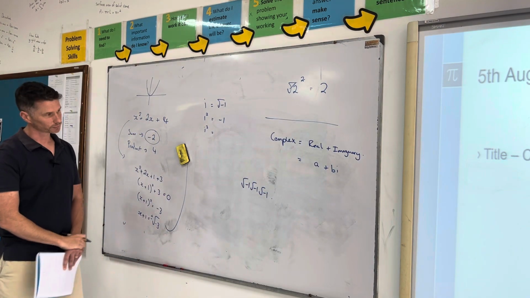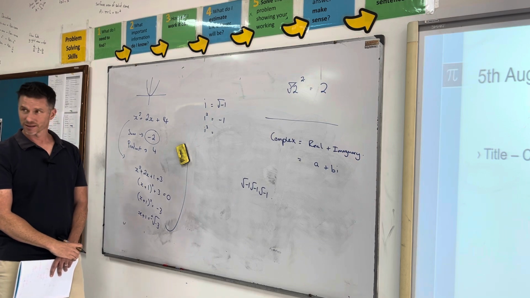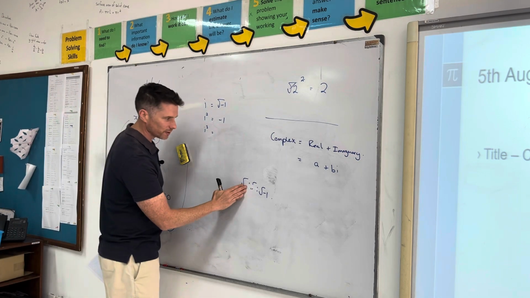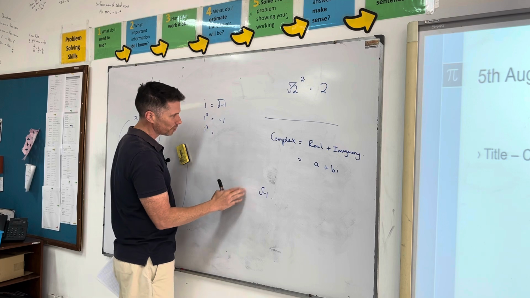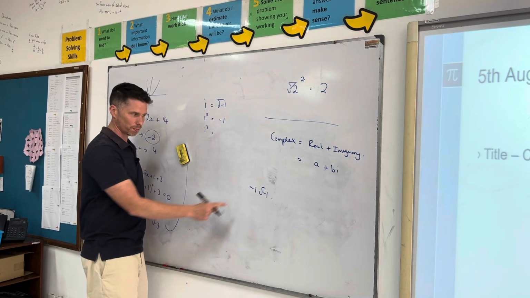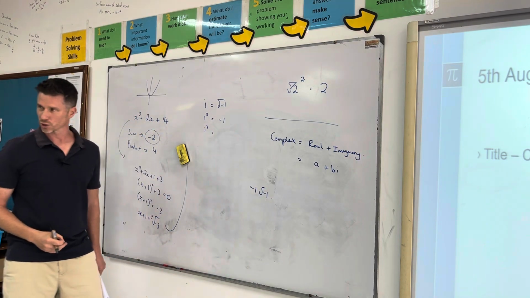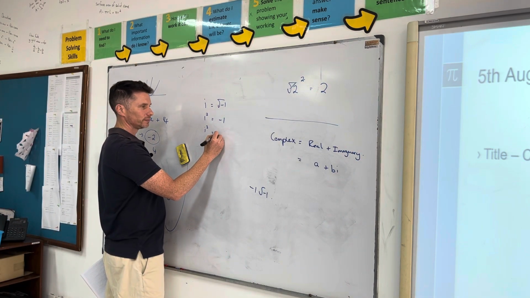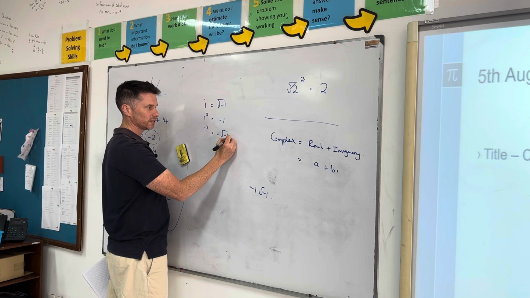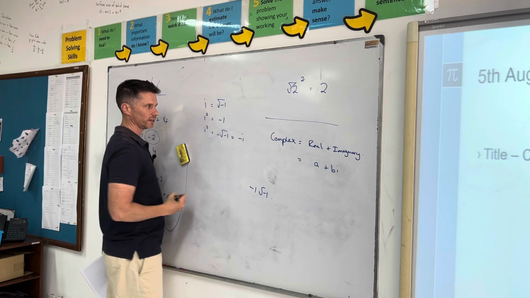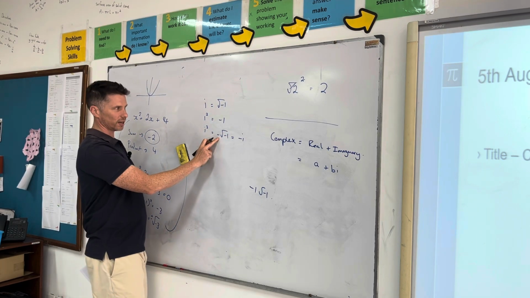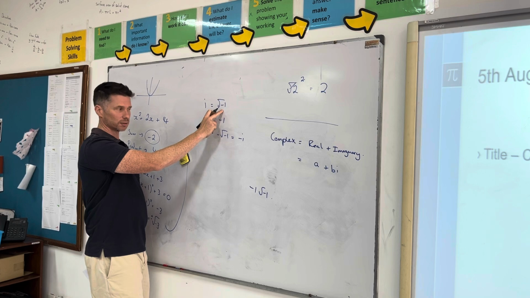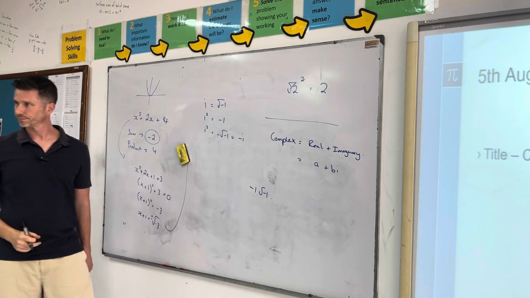Now we already figured out that this much was -1. So it's -1 times the square root of -1, which is negative i. It's negative that, which is -1 times this, or just negative i for short.